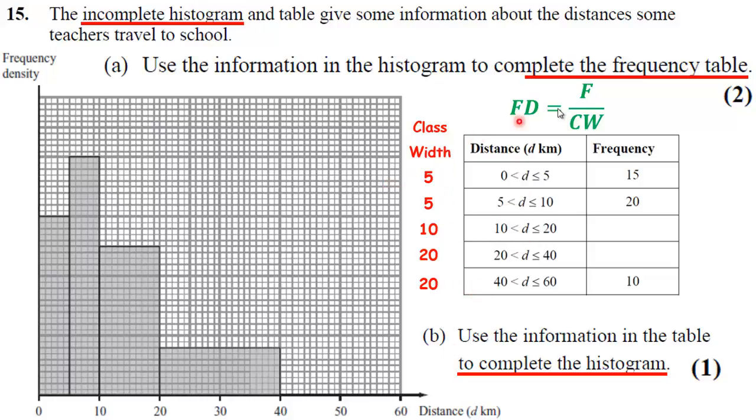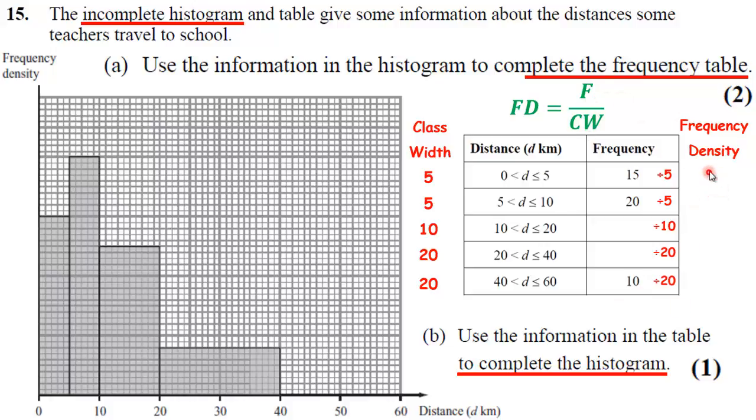Pretty straightforward. Remember, I said frequency density is frequency divided by class width. So 15 divided by 5 would give me the frequency density of the first group, then 20 divided by 5, and then the missing frequency divided by 10, whatever it is, and the next missing frequency divided by 20, and the last one is 10 divided by 20.